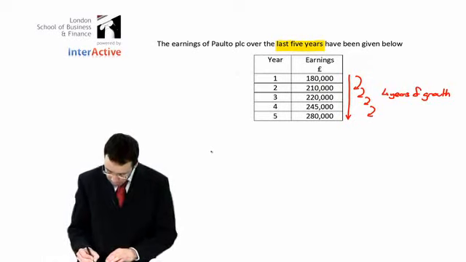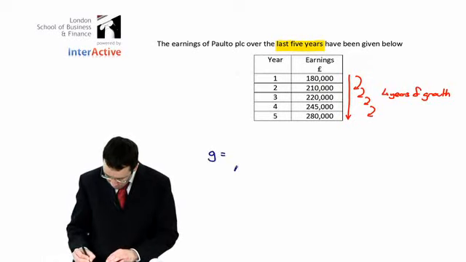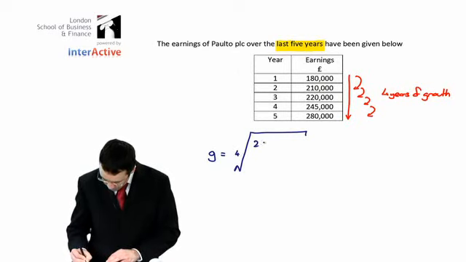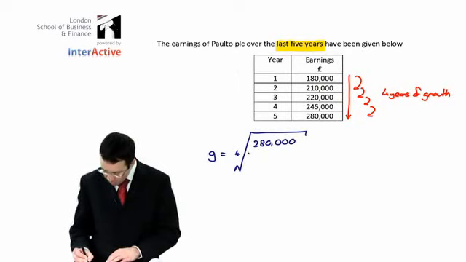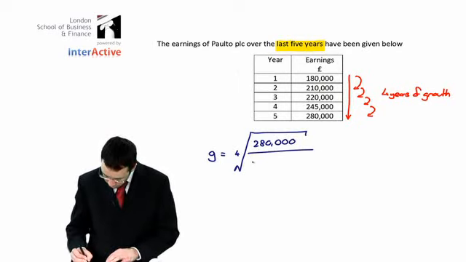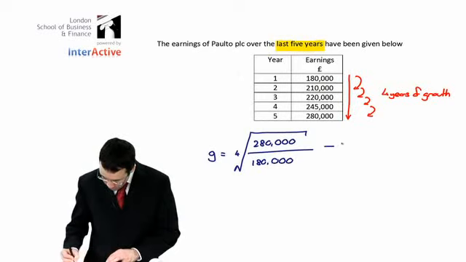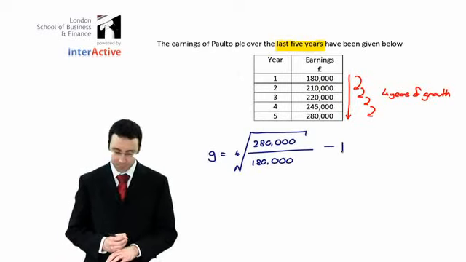To work out the growth rate, we take the fourth root of your dividend today, so 280,000, divided by your dividend 4 years ago of 180,000, subtract 1.